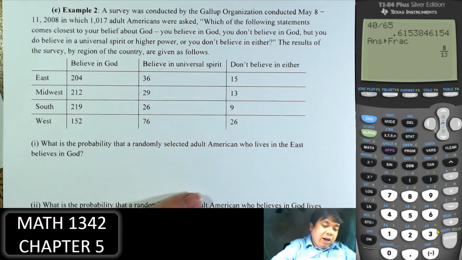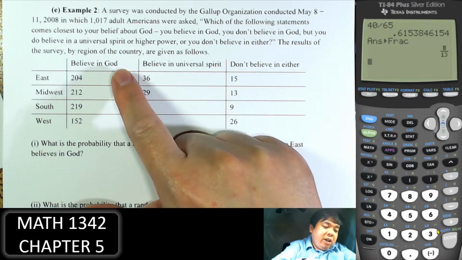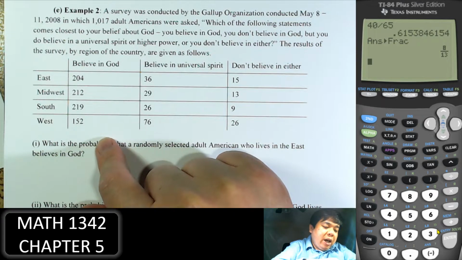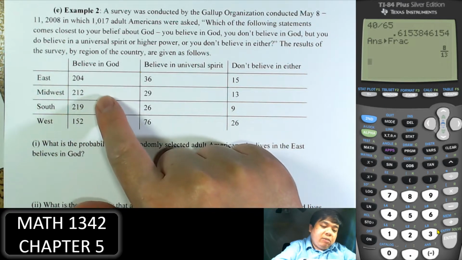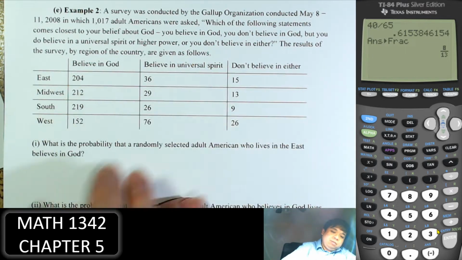Now, another one. A survey was conducted by the Gallup organization asking the question, which of the following statements comes closest to your belief? Do you believe in God? Don't believe in God, but you do believe in a universal spirit or higher power, or neither. And of course in different parts of the country, so we have this table.